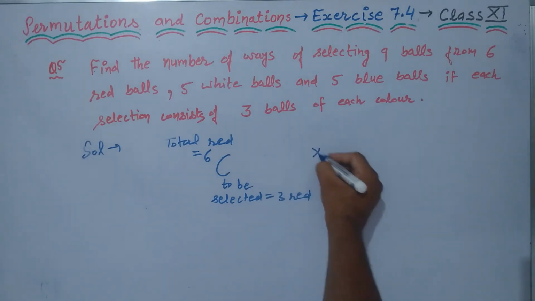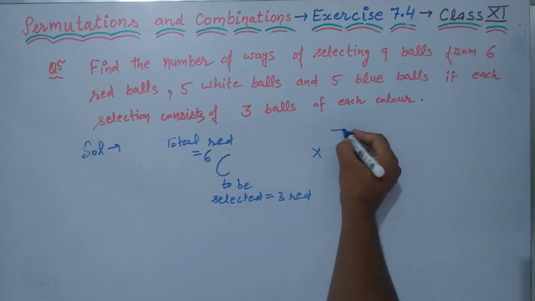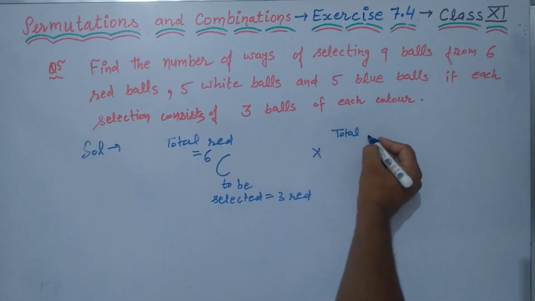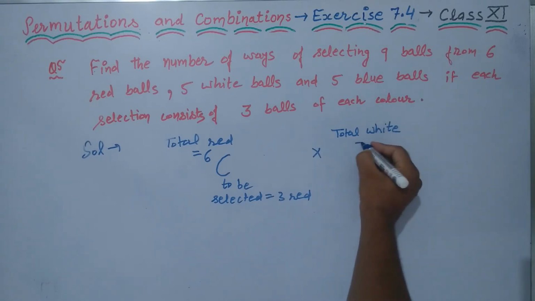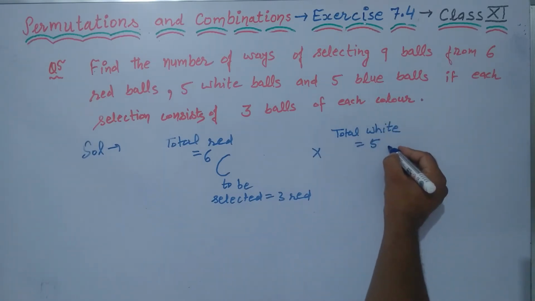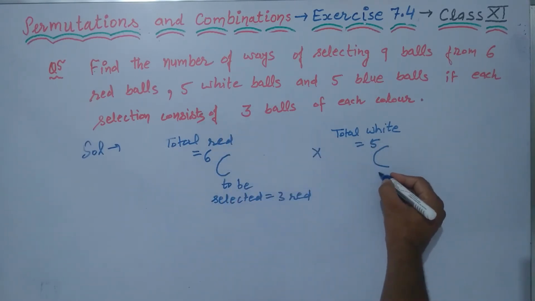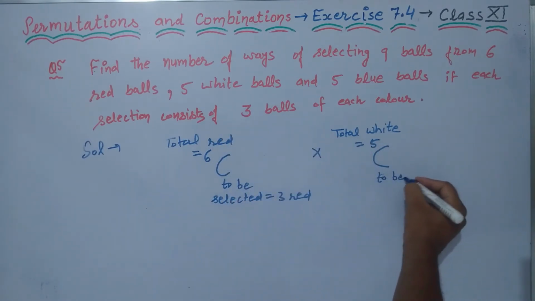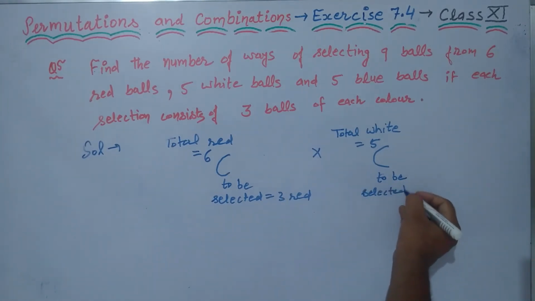Right? Next time 5 white balls, total white balls equal to 5, and we are going to select to be selected equal to 3 white.